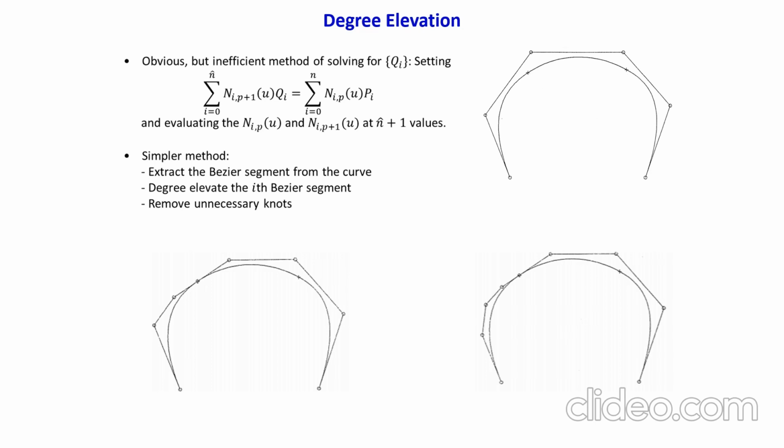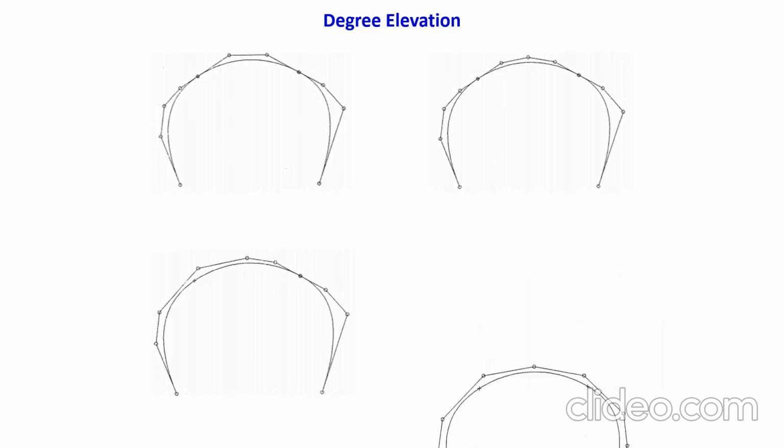The first image, here, is the original cubic curve which we will elevate to the 4th degree. The first step is to obtain the first Bezier segment by inserting a knot here. We then elevate this first Bezier degree. Now we will compute the second Bezier segment by again inserting a knot here. We then elevate this second Bezier segment up top.